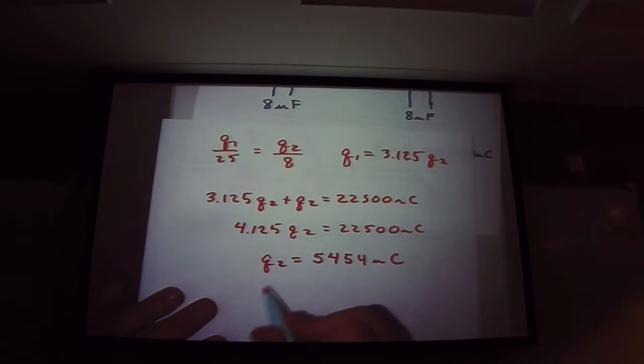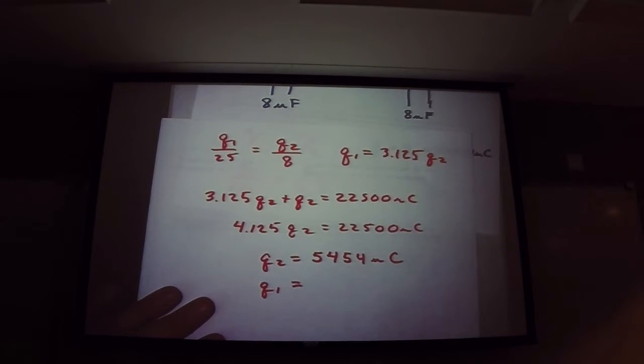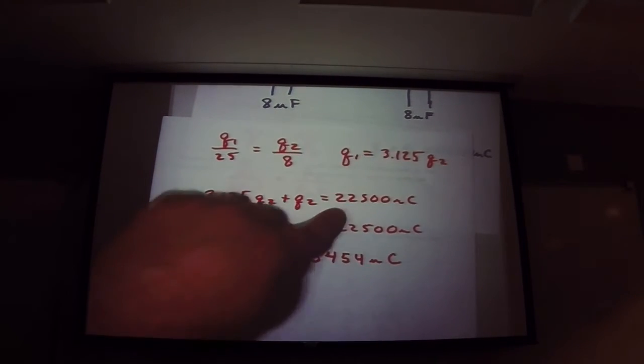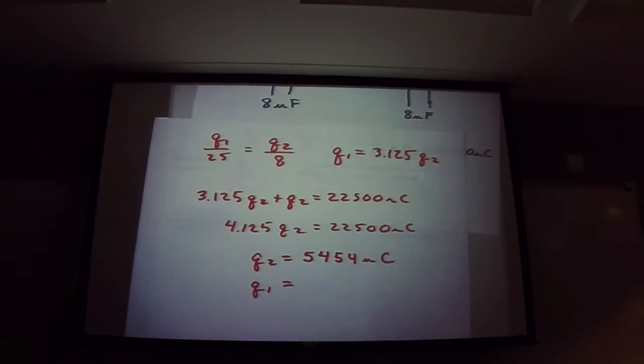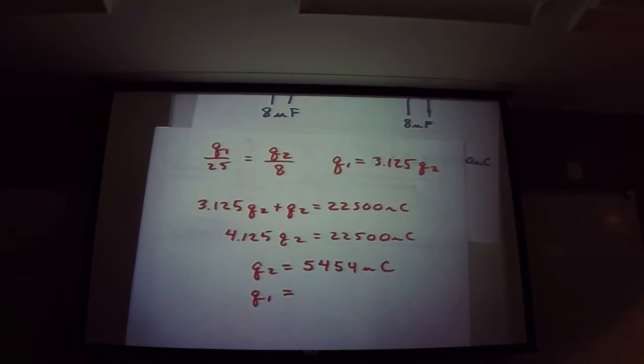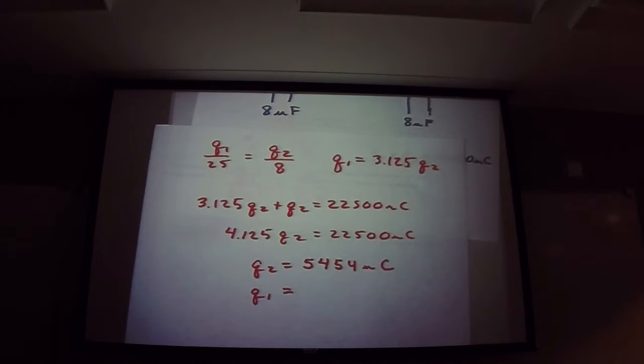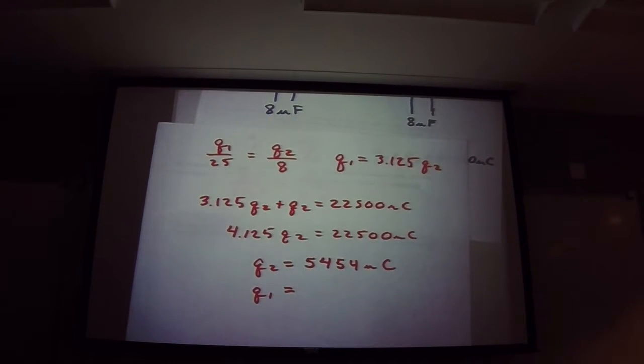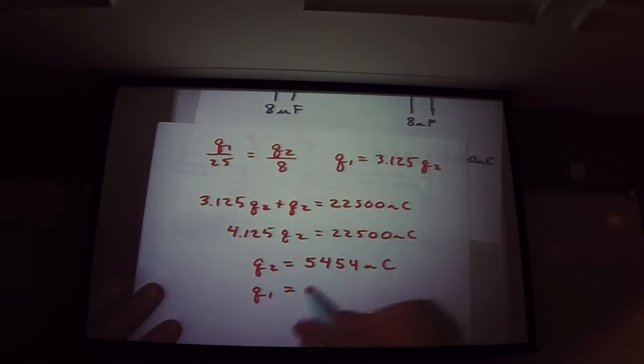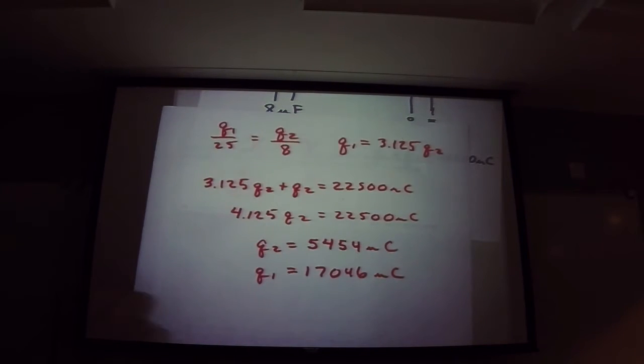And then Q1 is 22,500 minus this, 17,046. Sounds good enough. If I put those things in here, it'd probably say you rounded wrong or whatever, but you know. All right, so far so good.